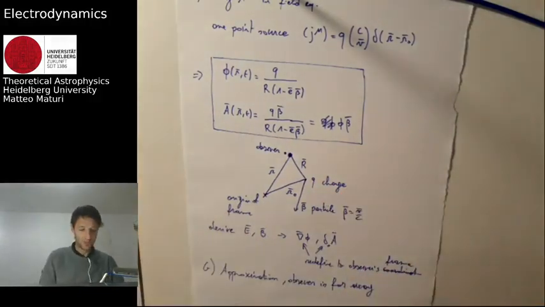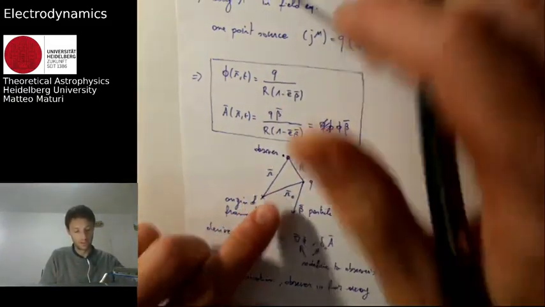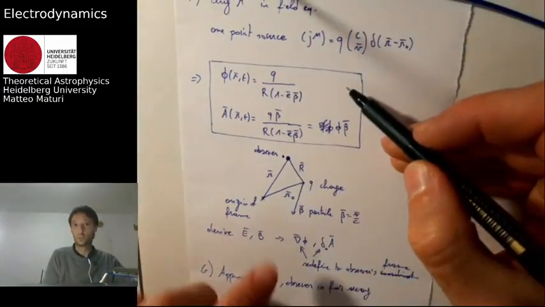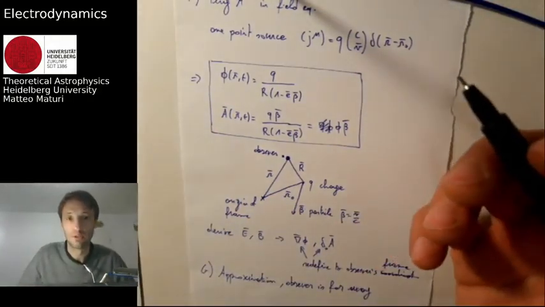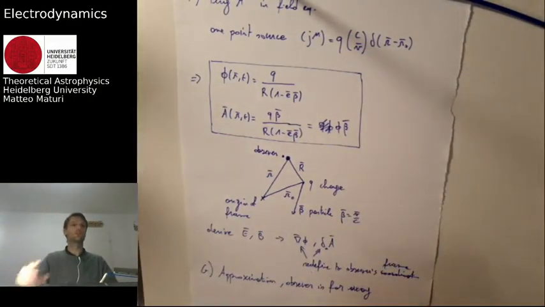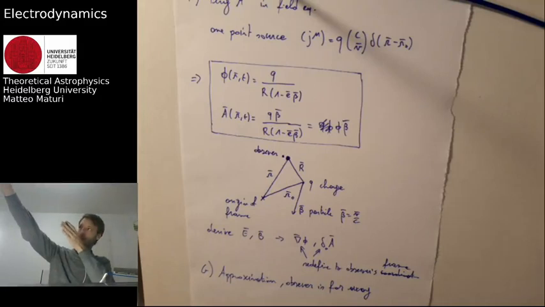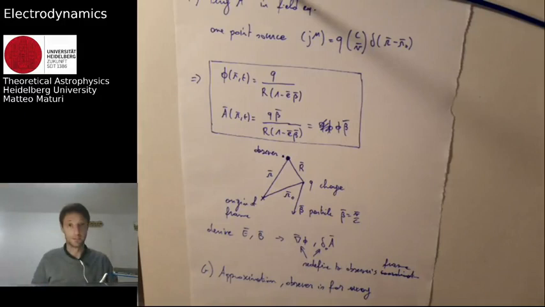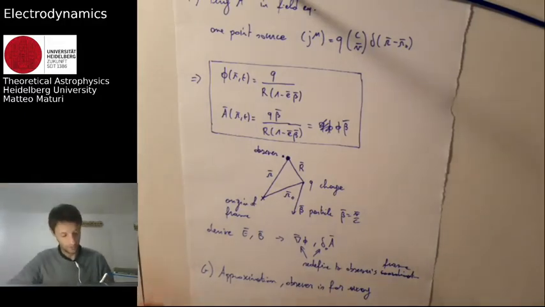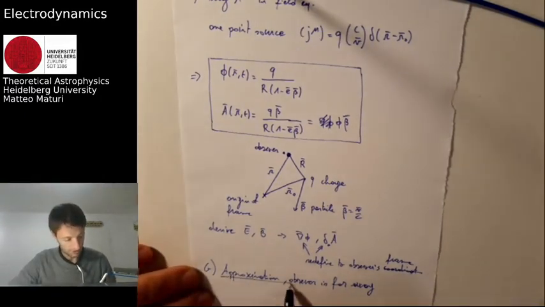Therefore, if we stretch the position of the observer, so we set the observer very far away with respect to the charges, which is the case in astrophysics, because we are dealing with astrophysical sources. Imagine you have a galaxy, something is happening on that galaxy, there is a charged particle moving, and we are observing from very far away. Therefore, the motions and the angles that we are going to see are always within very, very small separations in the sky, and therefore this approximation is a very good one.